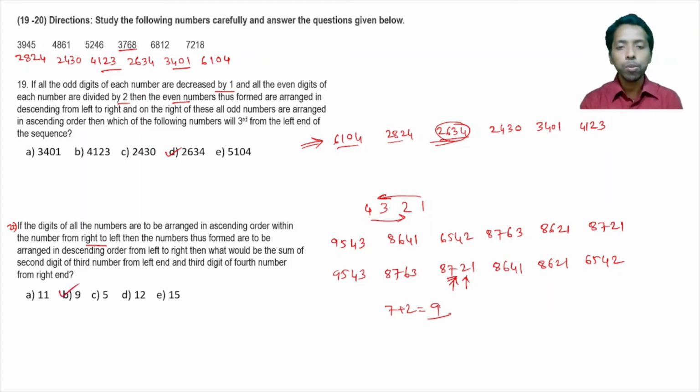So I hope you understood all the questions I have discussed here. These are the kind of questions which come in prelims, and we have discussed most of the different kinds of questions that come in alphanumeric series. Practicing this kind of questions would help you minimize the time factor.